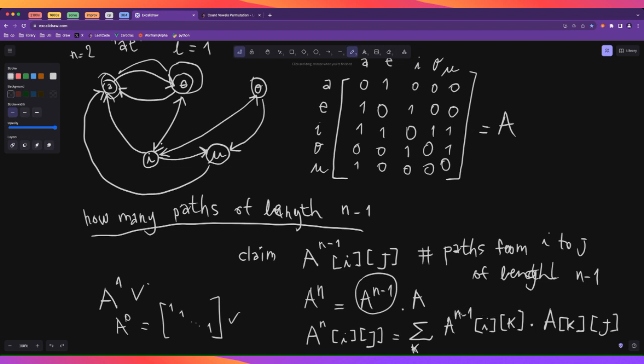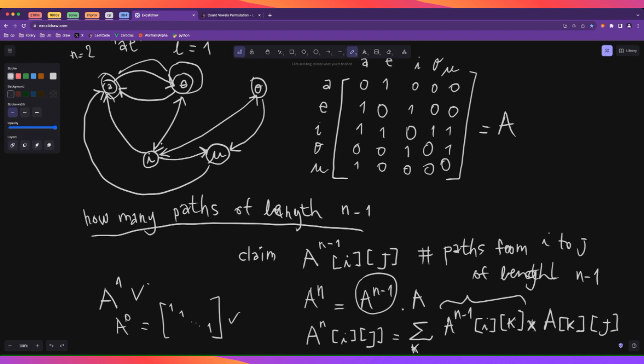Okay, so think about this. Like we established, this is counting the number of paths from I to K for every K, of length n minus 1. And then this is counting all the paths of length 1 from K to J. So for every path that goes from I to K, you can combine it with every path that goes from K to J. That's why we multiply.